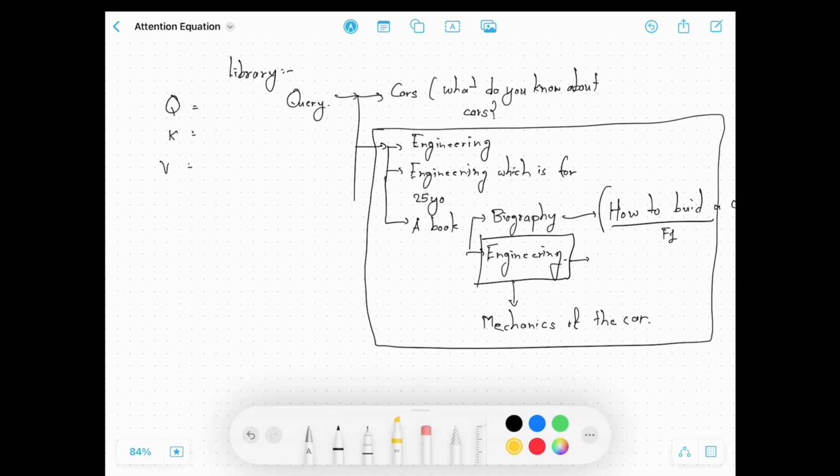He will be looking at this tag, the engineering section. Then he will be going to the age section, because I'm not a kid who wants to understand cars, so I won't be going into the kids section. I will be going into the adult section. So he will be looking at the adult section.